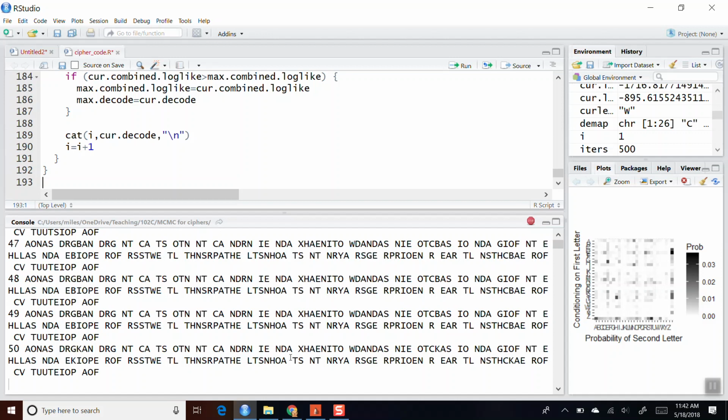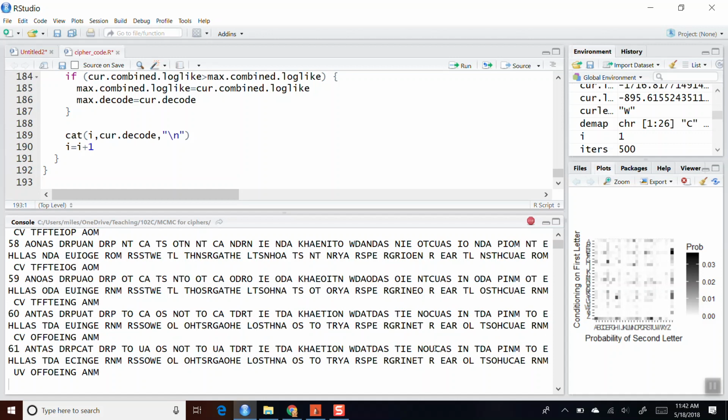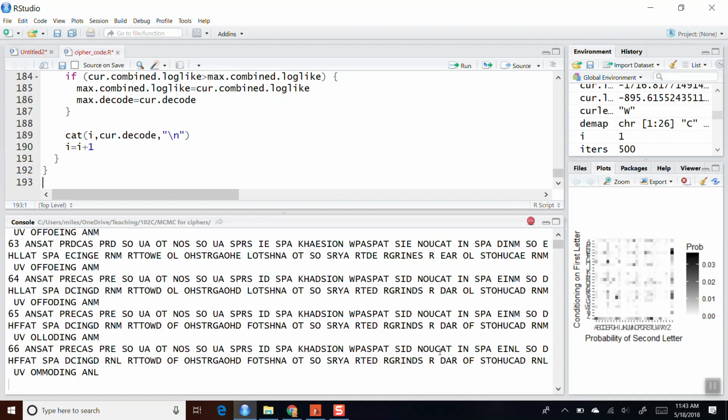This is still gibberish and nonsense. It doesn't make sense to us. But you might be able to convince someone that this is like a foreign language or something, right? Because there's a good mix of vowels and consonants.